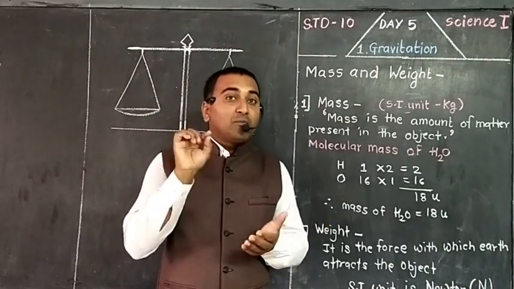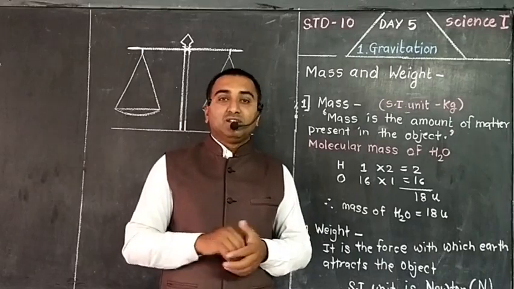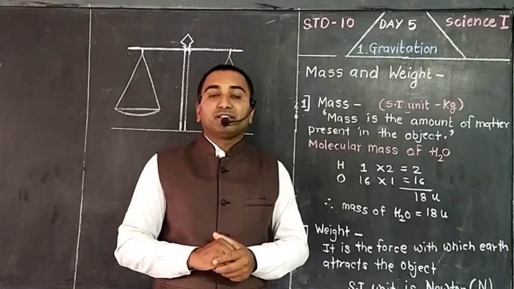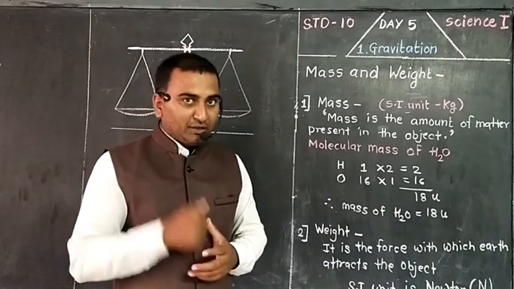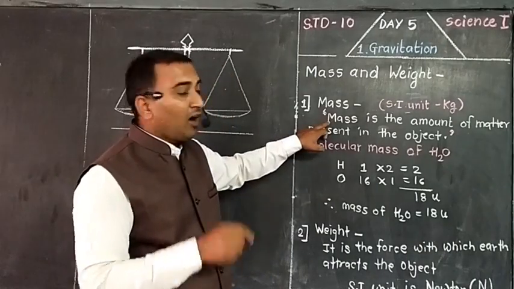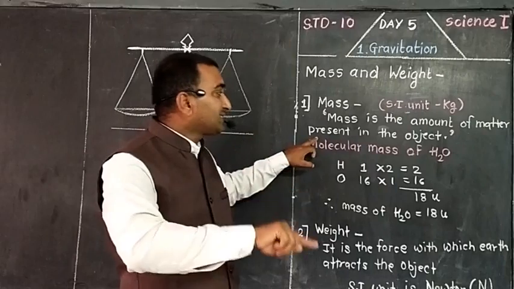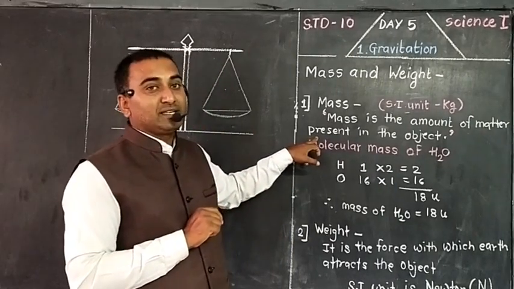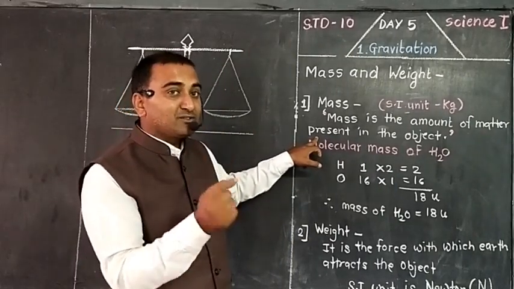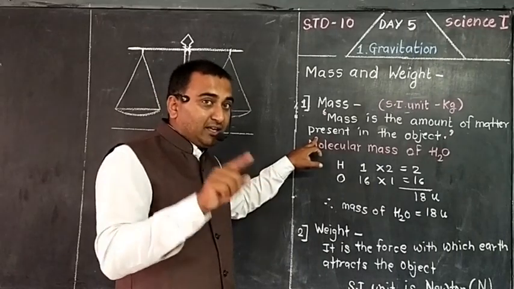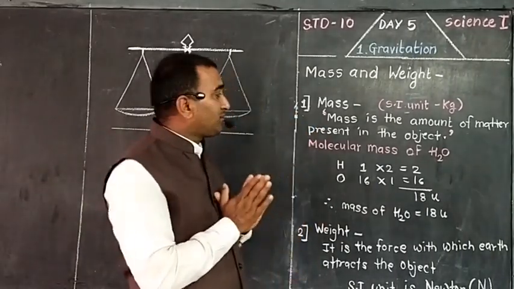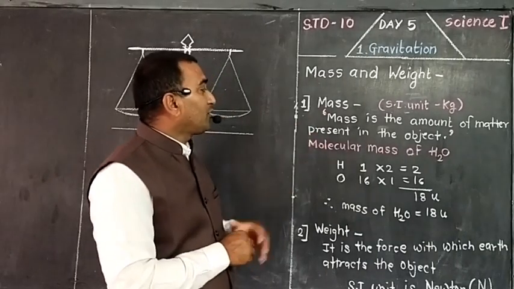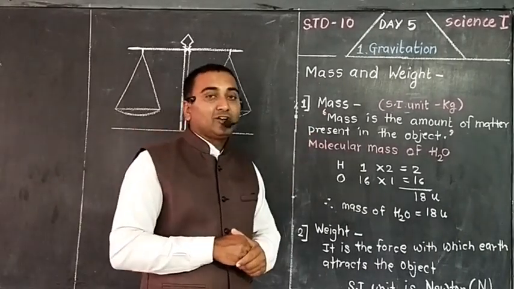So what is the total mass of that laddu? That is 1000 grams. So like this, how many particles are present in that object and what is the mass of one particle, in ratio of that we are calculating this. But how to define mass? Mass is the amount of matter present in the object.